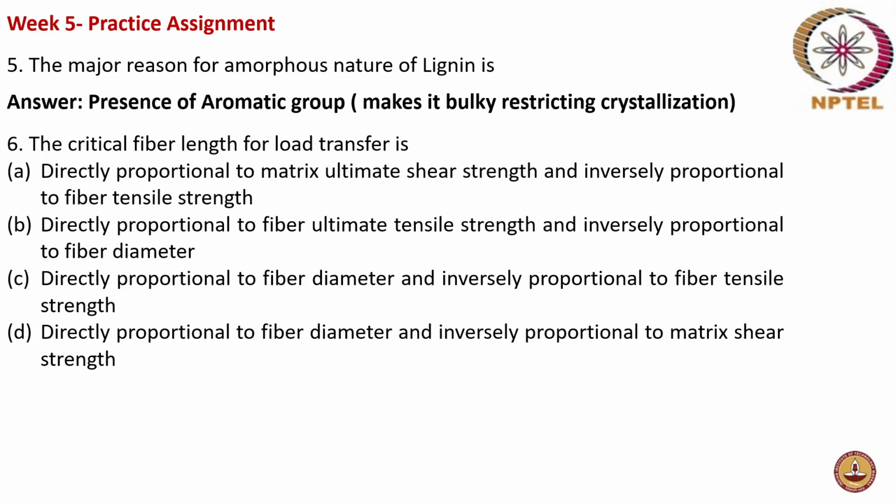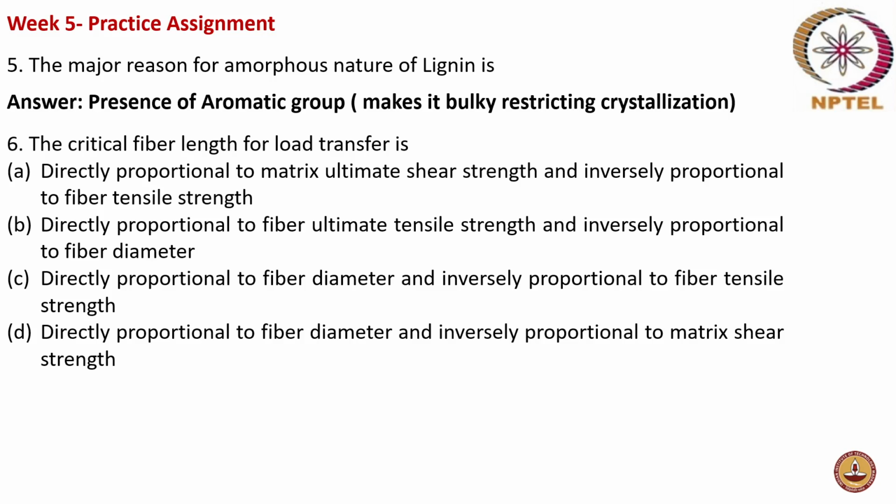The question is directly related to the elongation when we apply a load. Actually, the question is not clear. See, there is a critical fiber length beyond which only there will be a proper load transfer. To estimate that critical fiber length, there is an equation, and this equation has certain parameters.